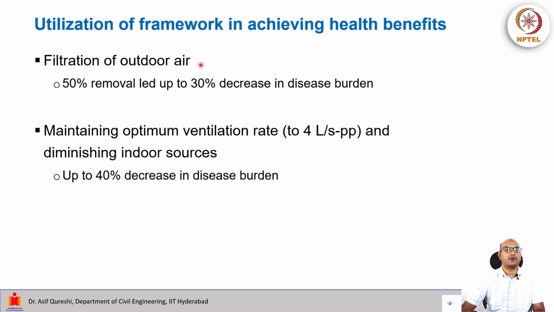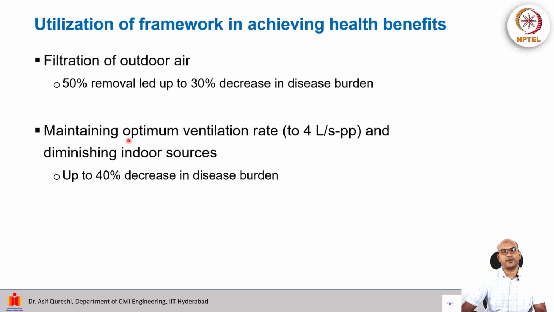It has been found that filtration of outdoor air leads to substantial improvements in air quality and health. For example, a 50% filtration efficiency already led to up to a 30% decrease in the overall disease burden.